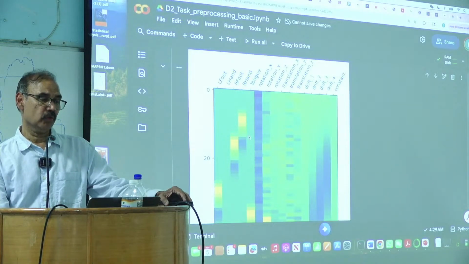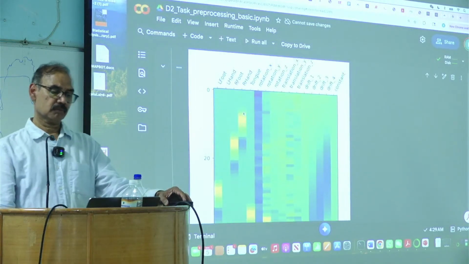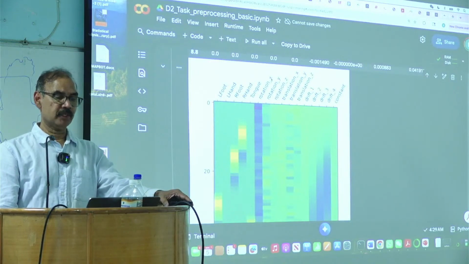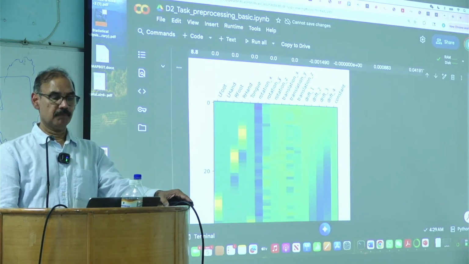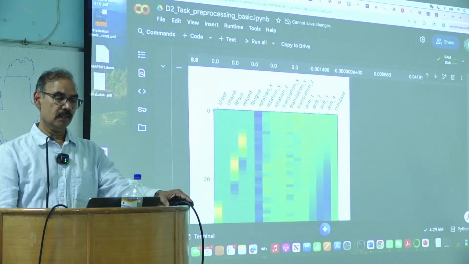Those are the 5 conditions. And then we have rotation. There should be six.